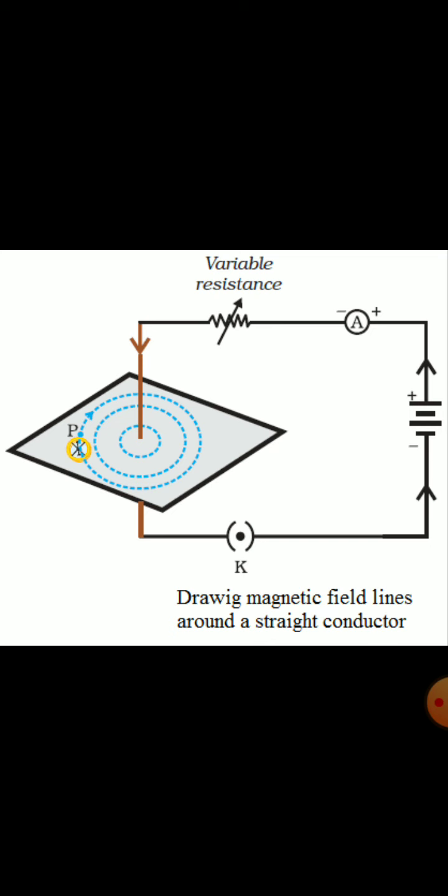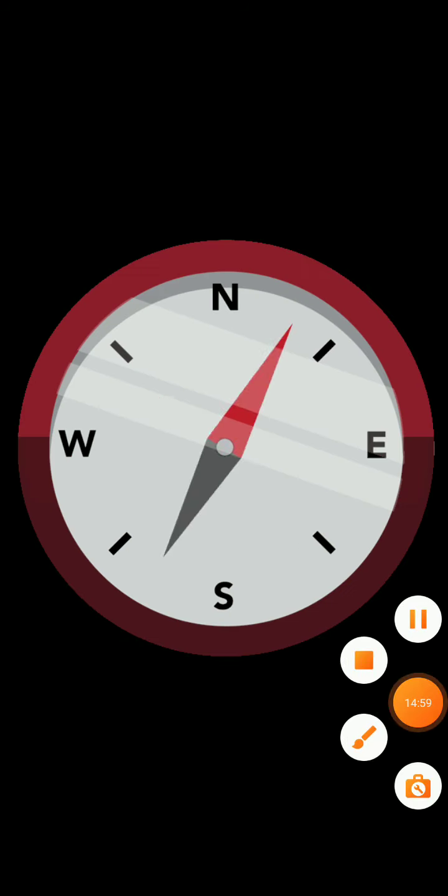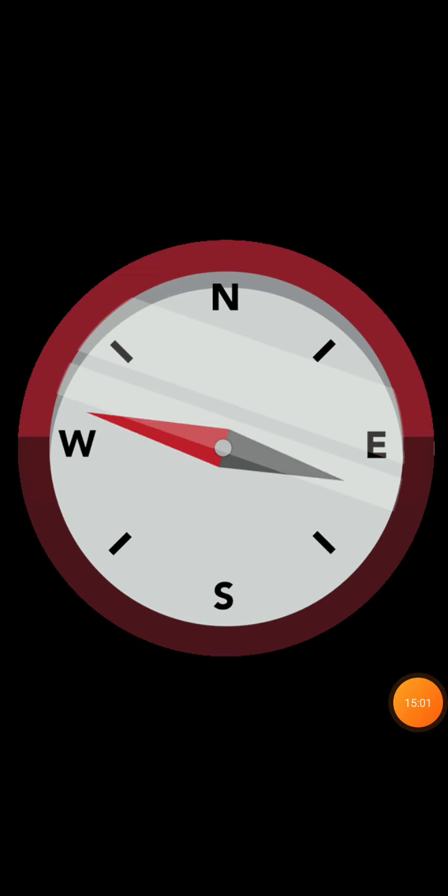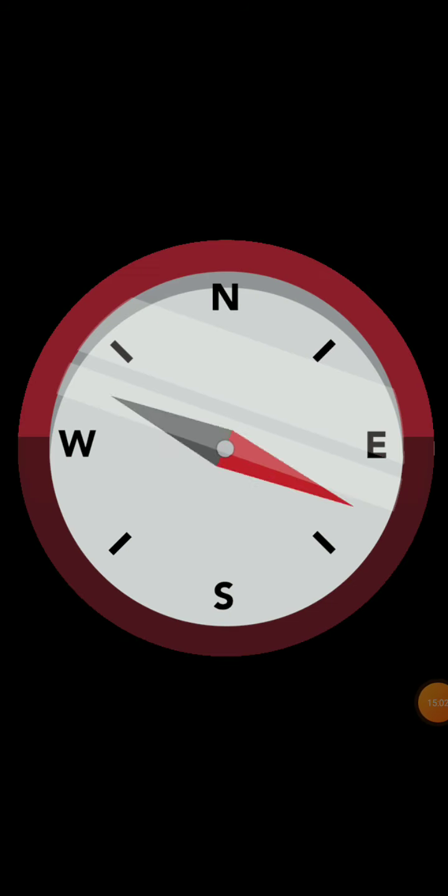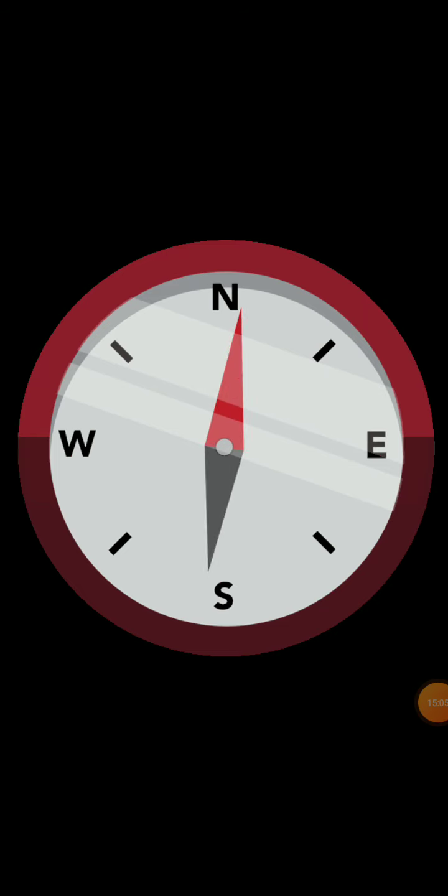It suggests that the magnitude of the magnetic field produced at a given point increases as the current through the wire increases, because when the compass needle deflects, it is responding to a magnetic field.